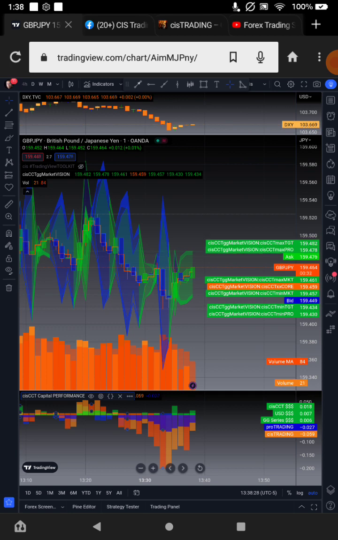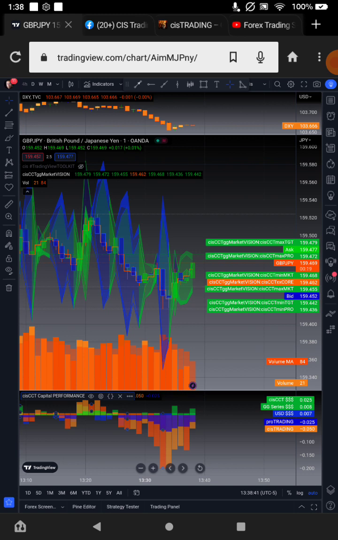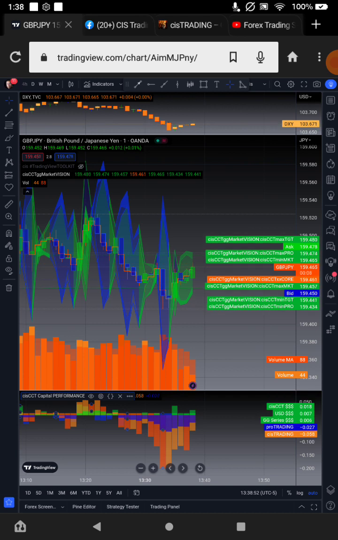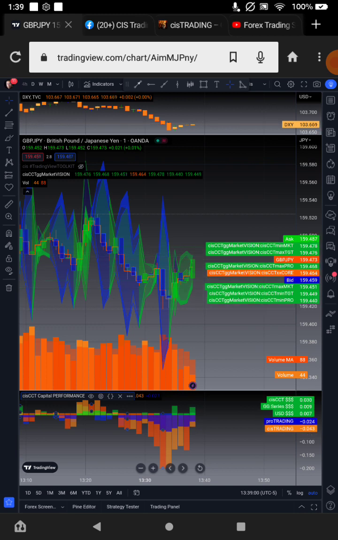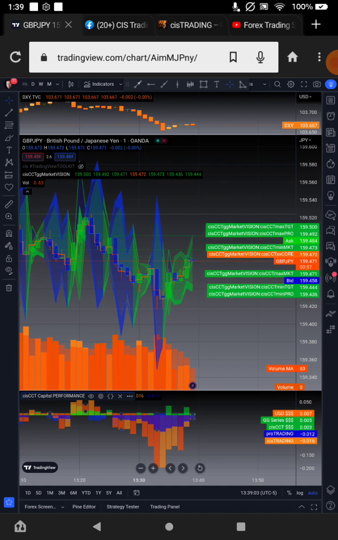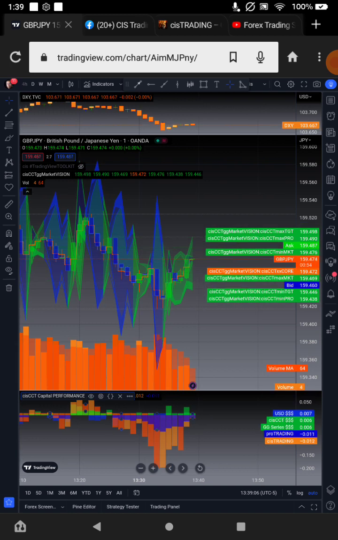This CIS CCT GG Market Vision has been obtained through cybercrime. It was stolen. It's in criminal reports dating all the way back to 2019 when it was first published. It had been since 2008 and 9 sort of concealed, was designed for Thinkorswim by TD Ameritrade for the Thinkorswim platform in the early portion of 2008, up until about June into the end of 2008, and was finalized during 2008.